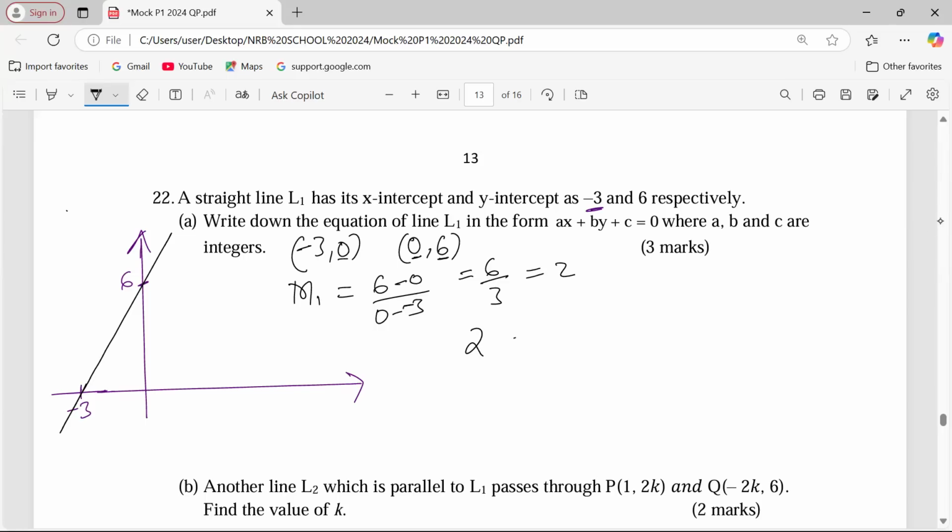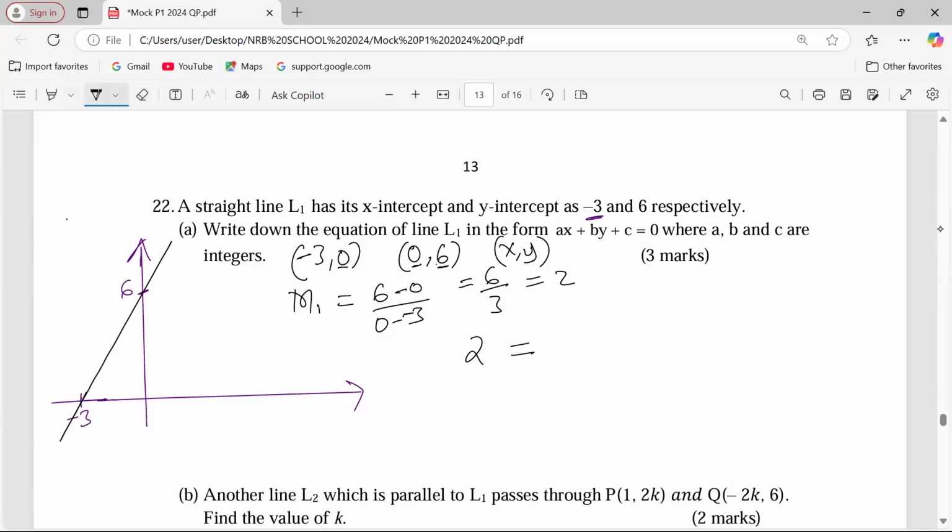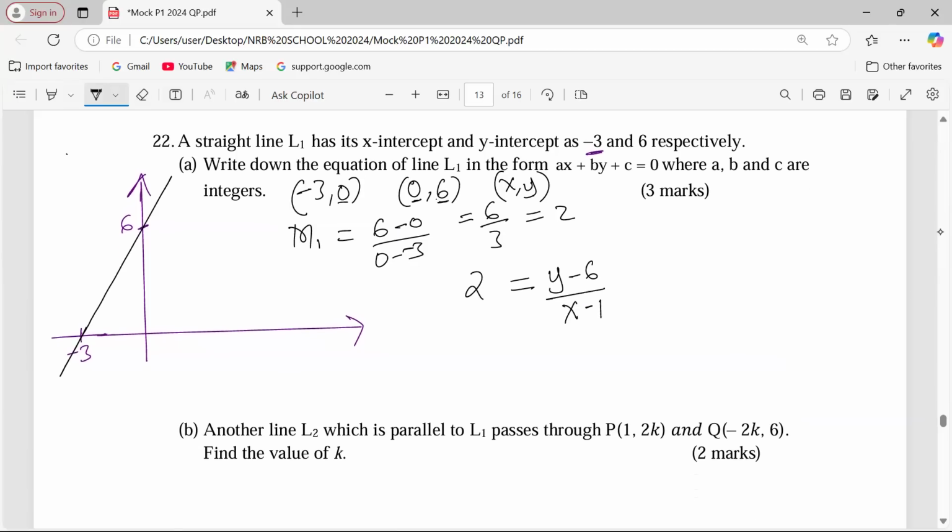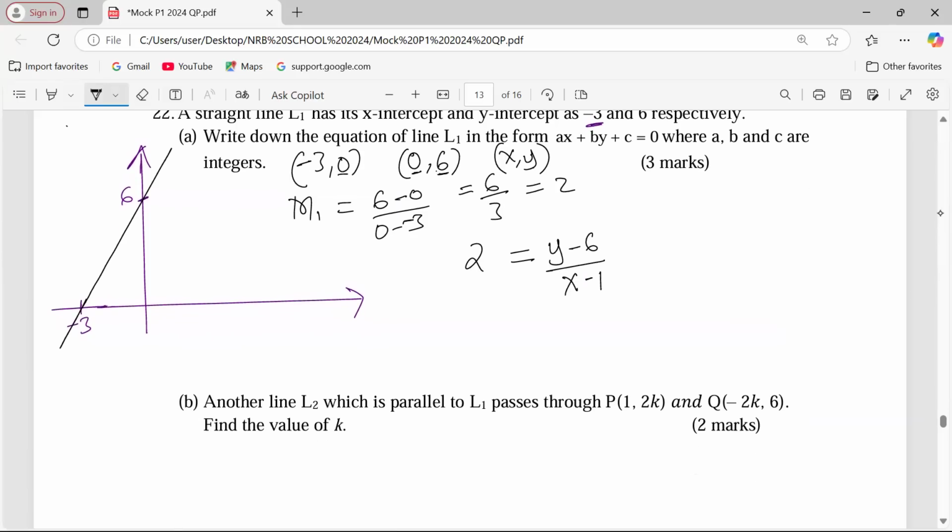So gradient 2 is given by, we assume another coordinate (x, y), so that change in y, y minus 6, out of change in x, x minus 0. Now we can cross multiply and have 2 multiplying x minus 0 equals y minus 6. That one will multiply 1. So 2x equals y minus 6.